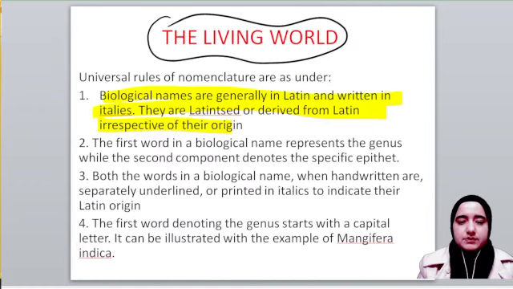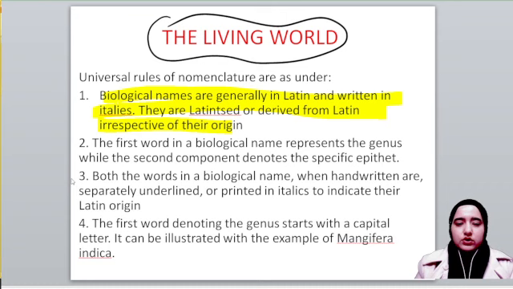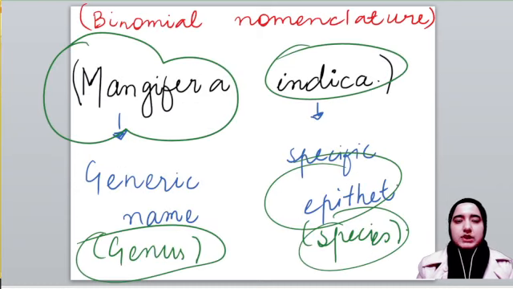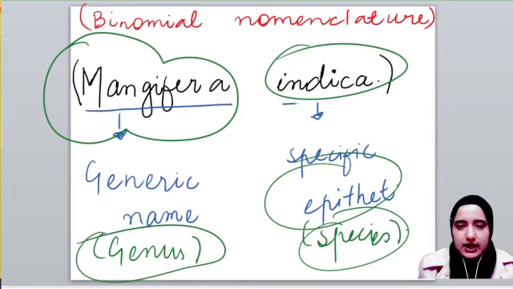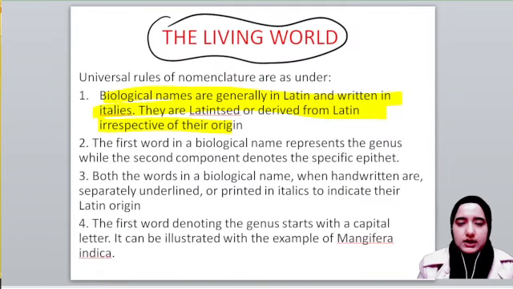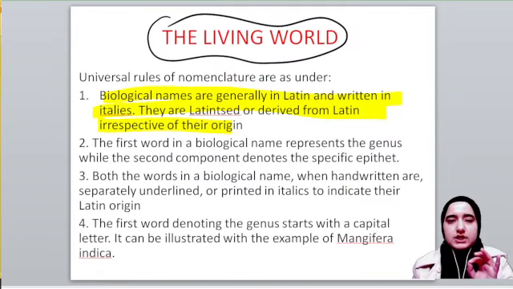I hope this concept is clear. Say we aren't on a PC and are not typing these biological names. What will we do then? We have to underline the name.